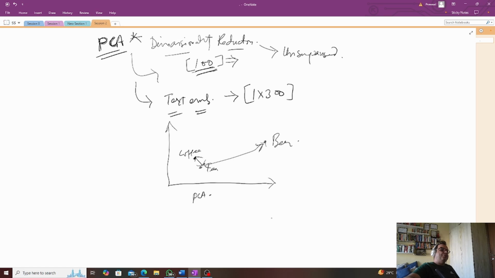So this is going to be PCA component 1, and this is going to be PCA component 2. A lot of large dimensionality can come into a smaller space and it can be visualized properly. So that's about PCA. I don't want to get into more details right now, because it will break the flow of what we have discussed till now about deep learning and the nuances of deep learning.